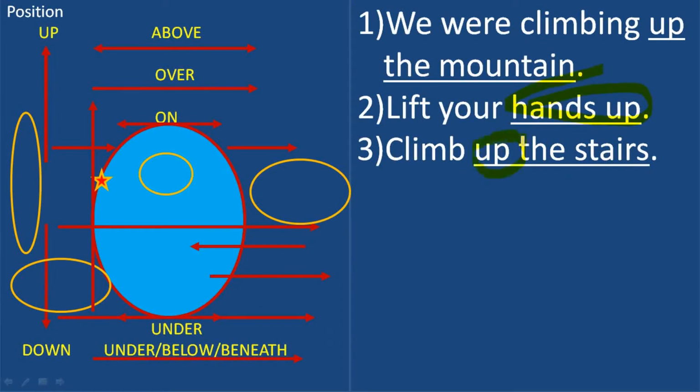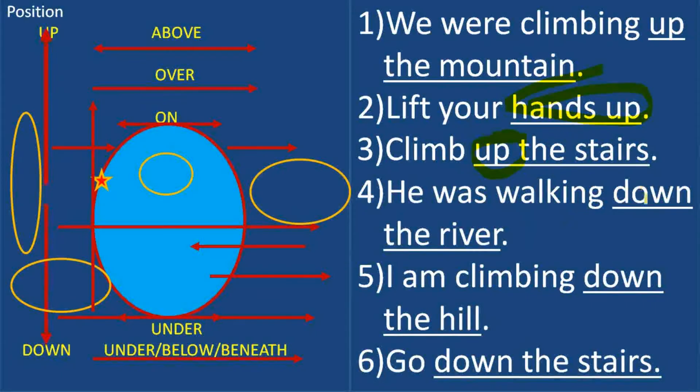Climb up the stairs. Next, here is an arrow which is directing down. When we direct something about down, that time we use down. For example, he is walking down the river, climbing down the hill, go down the stairs. Here our direction, our motion is down.